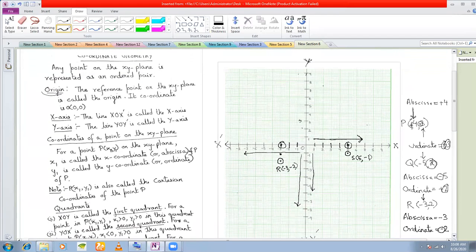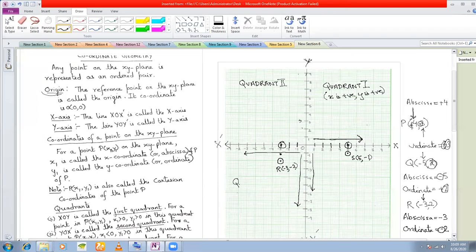So what do you observe? This is called quadrant 1, or the first quadrant. In this quadrant, x is positive and y is also positive, right? This is called my quadrant 2. We go anti-clockwise; we start from this and go anti-clockwise.